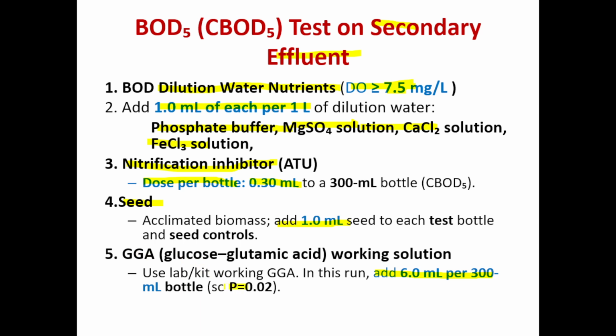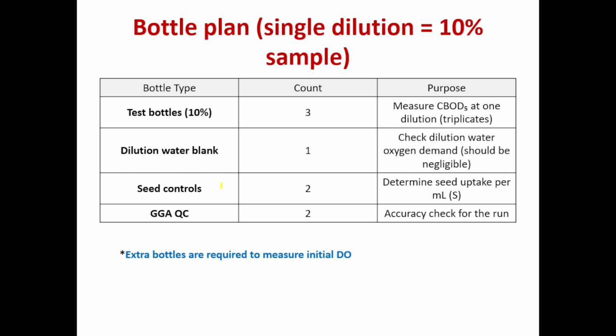And the dilution, that is the decimal factor, will be P equal to 0.02. So this is the bottle plan. We need to make a dilution, for example 10%. We are using 10% waste sample and the leftover 90% dilution water.